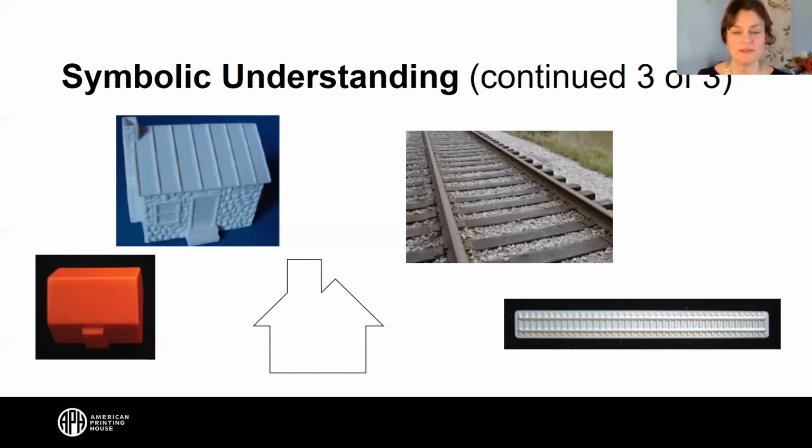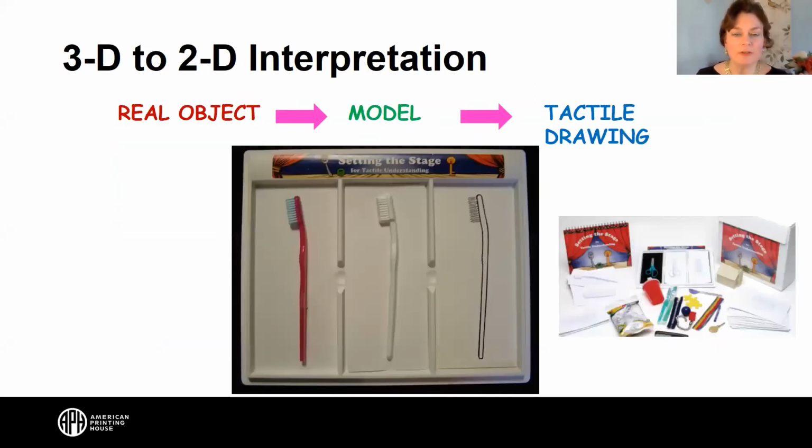Okay, next slide, please. Okay, I've been talking about Setting the Stage, and this slide actually shows the whole kit. It also highlights how you want to navigate the child from the real object, in this case the toothbrush, to a model. And the middle tray compartment there shows a vacuum or thermoformed image of the toothbrush.